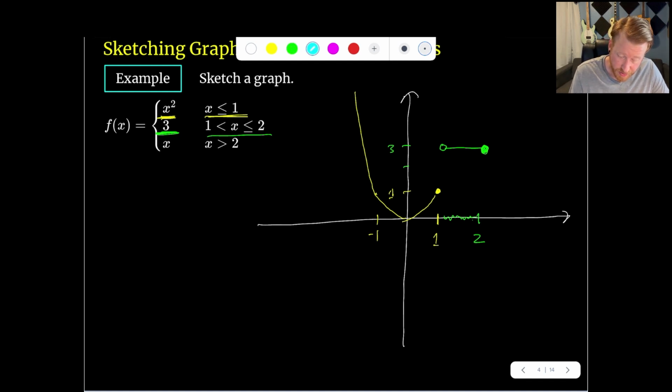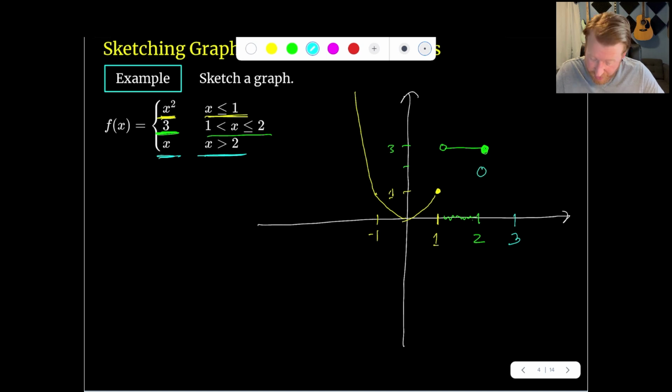And then lastly, for any of the x values bigger than 2, what we get is just the identity function. So 3 is going to 3. Oh, I'm sorry. Yeah, 3 is going to 3. 2 is going to 2, but we're not going to include it.